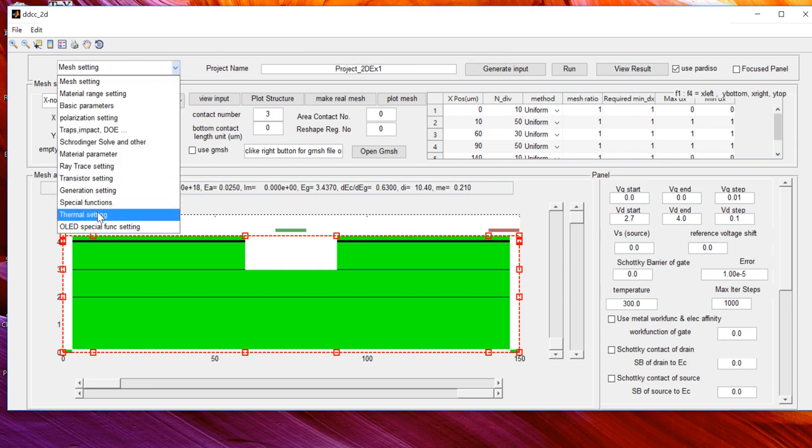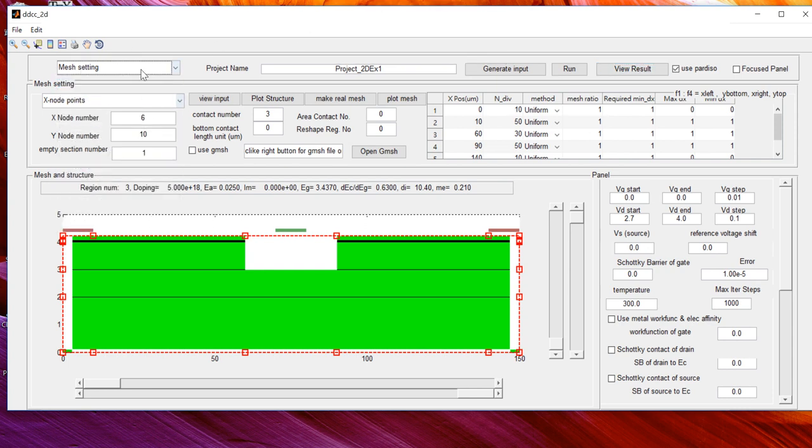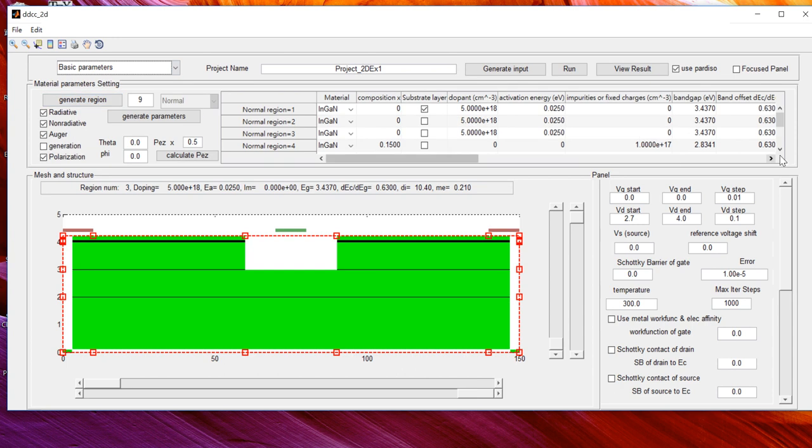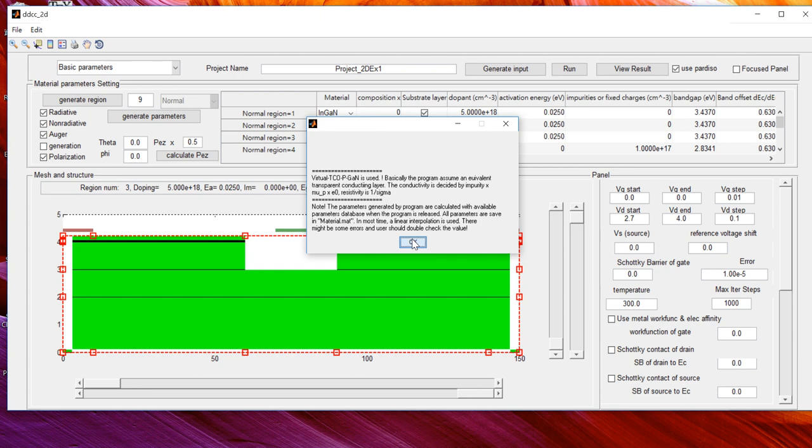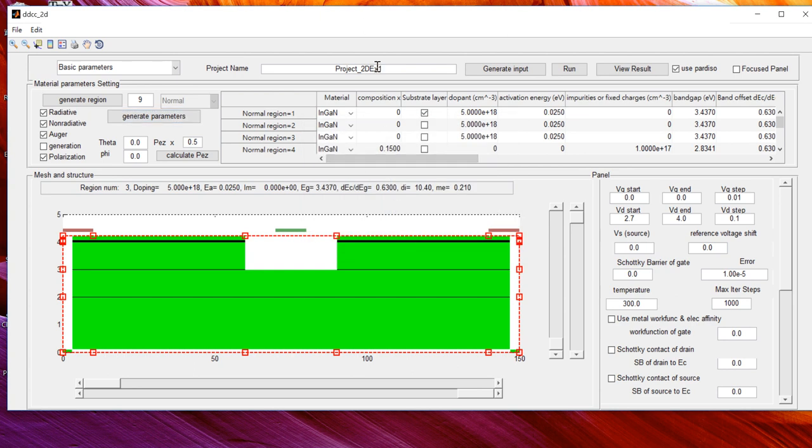Yes. So how to do it? I have a parameter code. If you choose here, you can see that I set up something like a virtual TCO P-GaN. So eventually, if you choose this and you generate parameters, let me change to example 2.